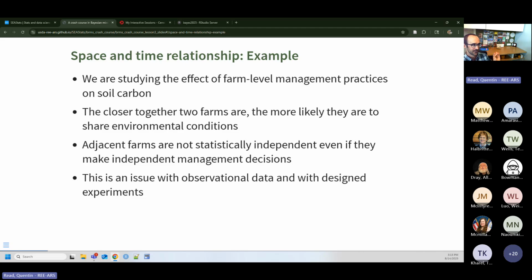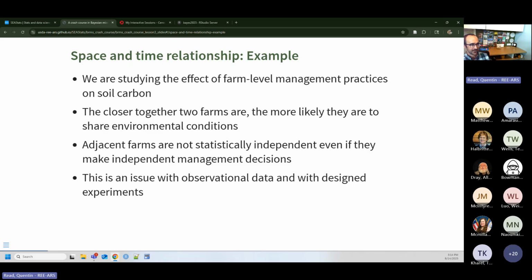Here's an example of something that people do in ARS. People might want to look at how different farm management practices affect the level of soil carbon sequestration on the farm. But not all farms are equal. The closer together two farms are, the more likely their environments are to be similar. They'll have similar temperature, precipitation, and maybe even soil type.